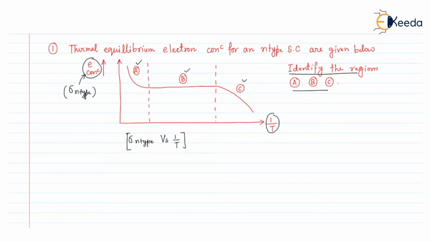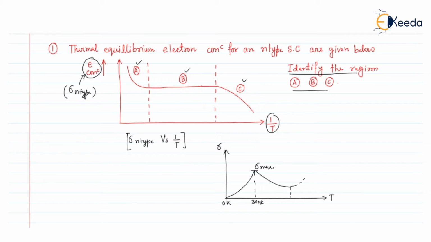Now we know that the graph of conductivity of an extrinsic semiconductor with temperature looks like this one. This is the graph. We already know that this is 300K, this is 0K, and this is the conductivity maximum value.